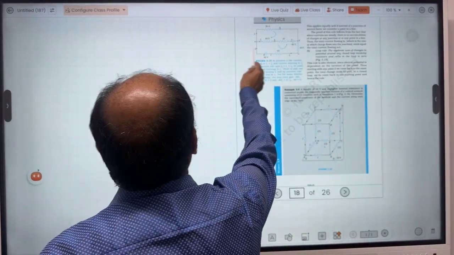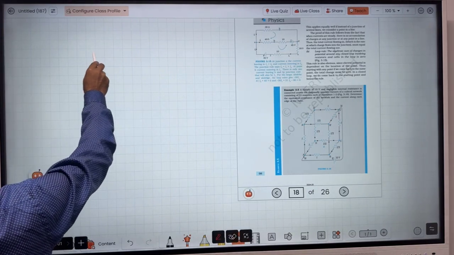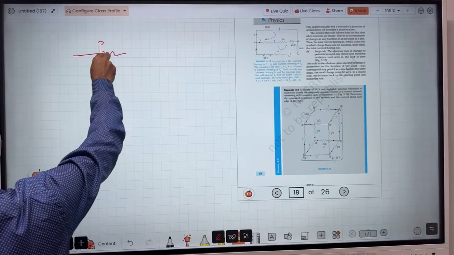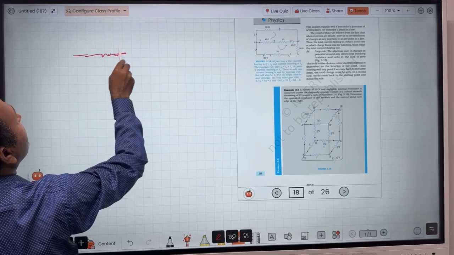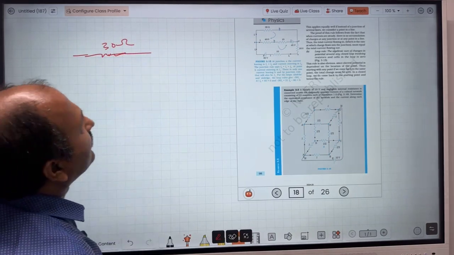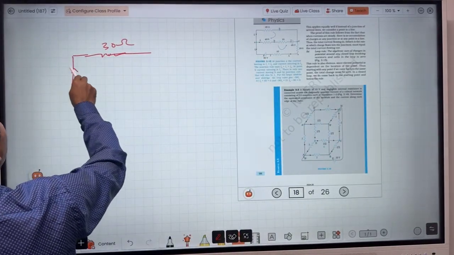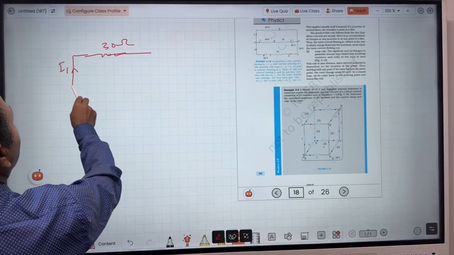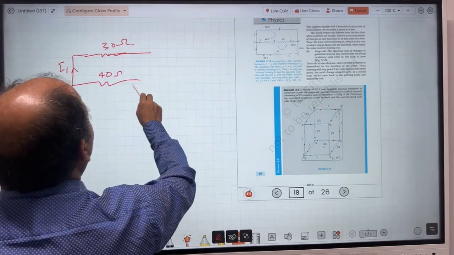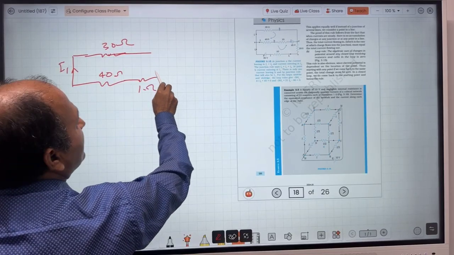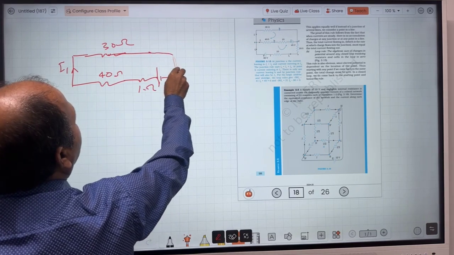Here one example is given. So let's draw that circuit and analyze what the formula can be. Here there is a resistance of 30 ohm, and current I1 is moving upward. Then there is another resistance of 40 ohm, and then 1 ohm, and then there is a cell whose polarity is like this, and it is connected here.